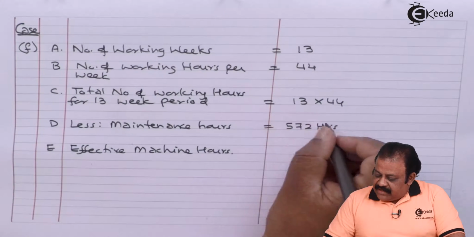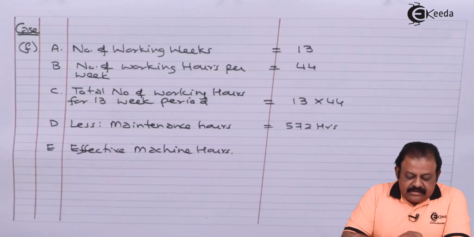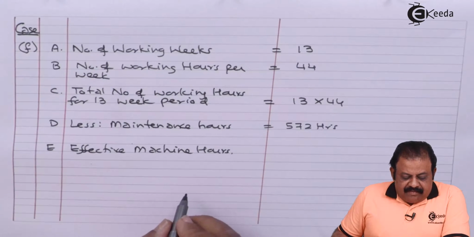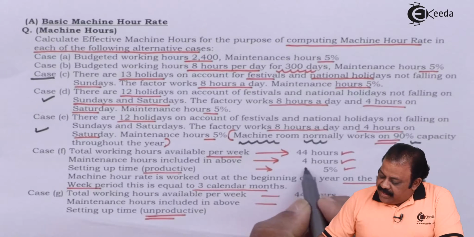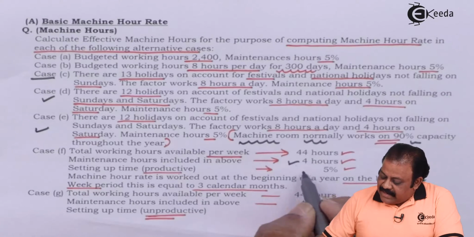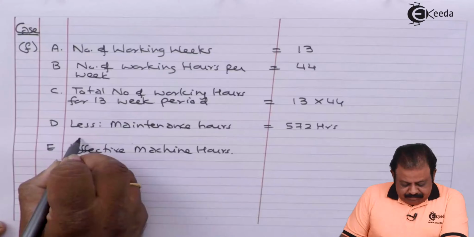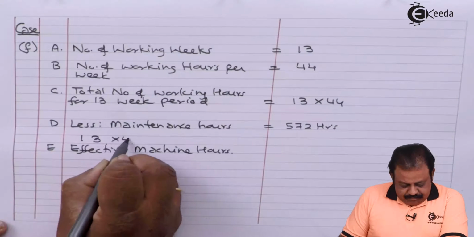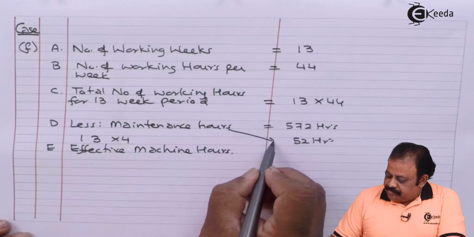It is 572 hours. Less maintenance hours, they have given 4 hours per week included in the above, so it will be 52 hours.